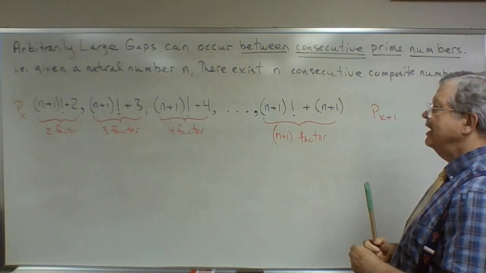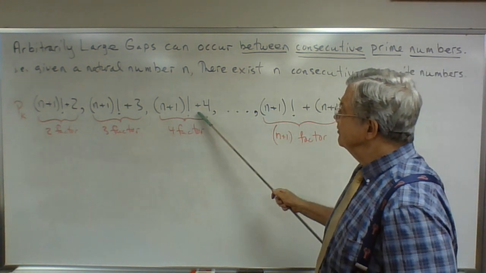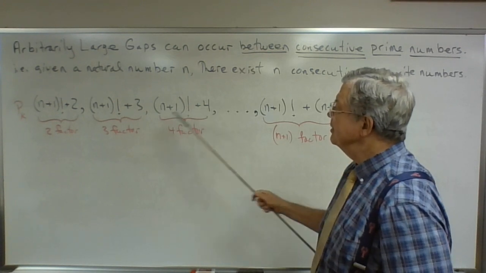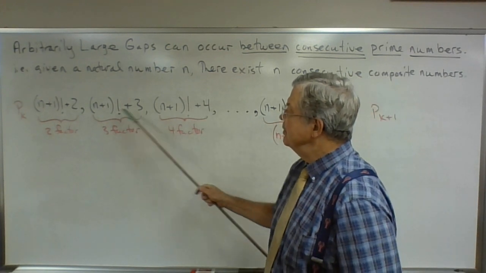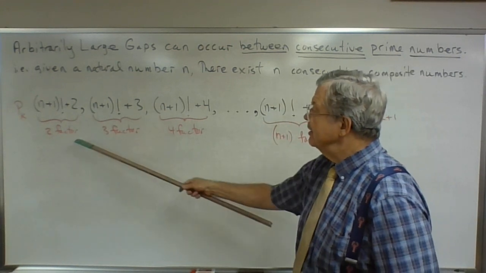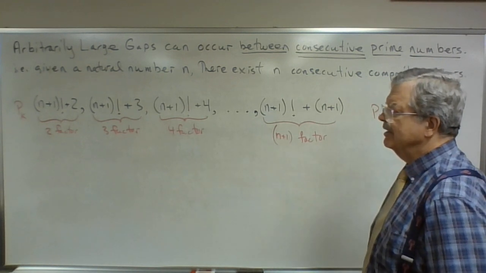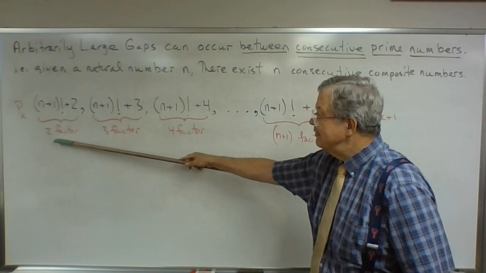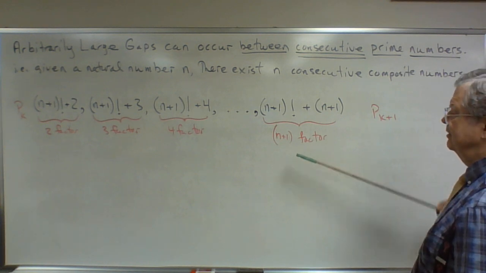And notice, each of these numbers is just one larger than its predecessor. To get this number, we took that number and added 1. To get this number, we took that number and added 1. So each number in this sequence is exactly 1 greater than its predecessor. This is a consecutive sequence of composite numbers.